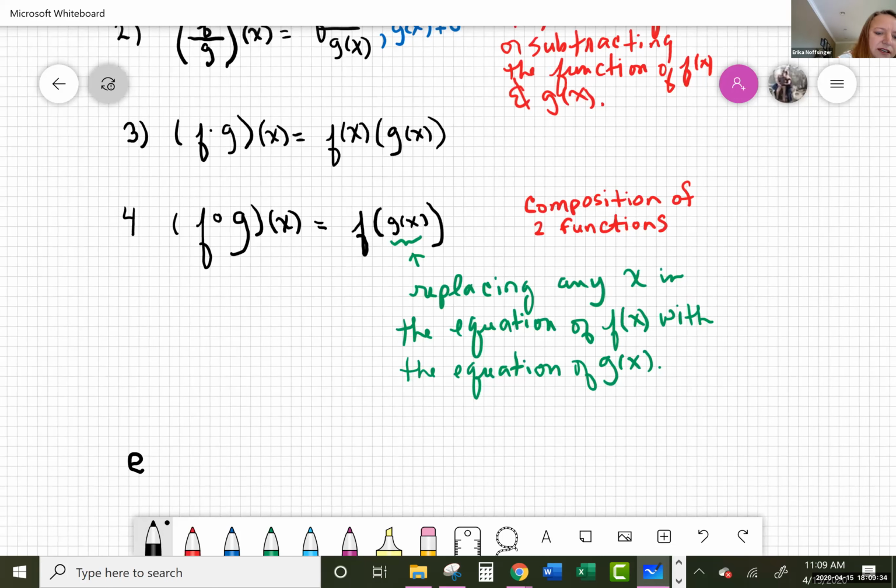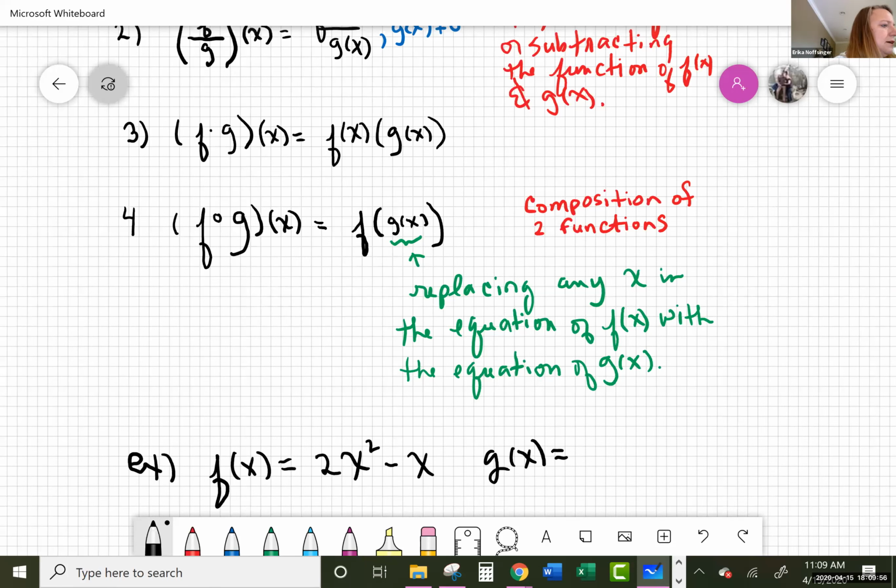Okay, so let's look at an example. Let's say you were given two equations. One of them was f of x. And let's say f of x is 2x squared minus x. And let's say g of x is given to be 3 minus 5x.